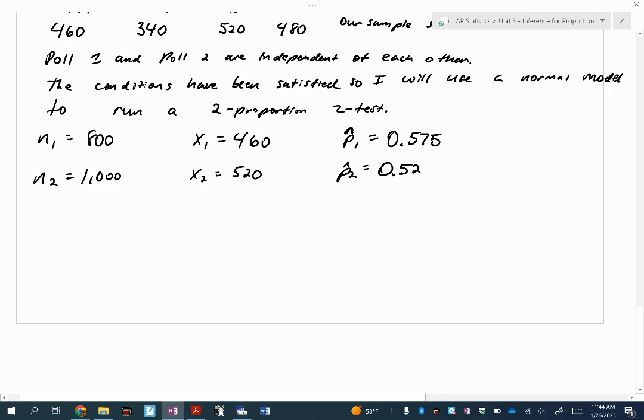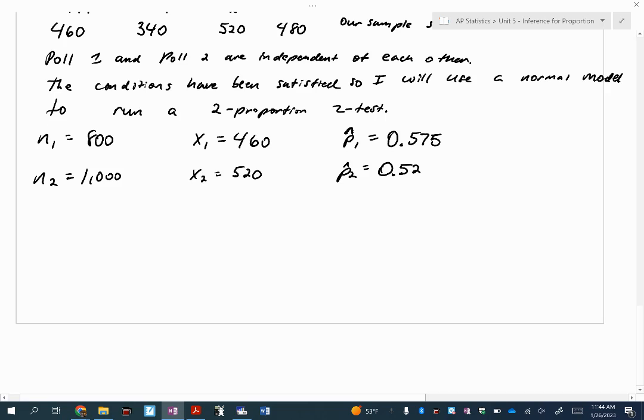Now, if you watched the chicken package problem, one of the interesting things about doing this is that right now, what are we assuming about our two proportions? They're the same.